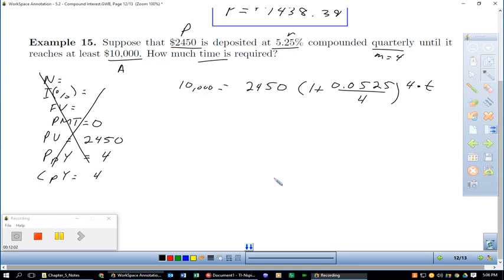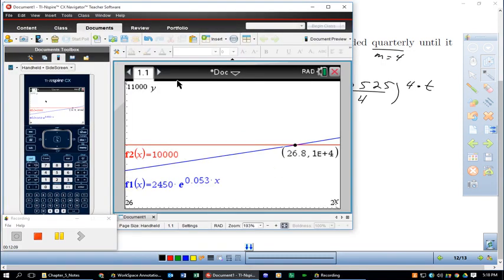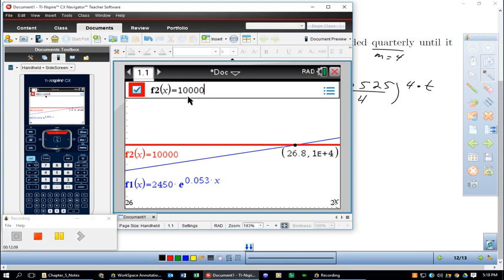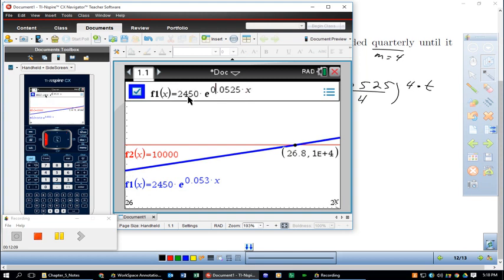So we're actually going to have to do another graph. Okay, so I'm going to go back to my Inspire. Alright, so here we are. 2 equations. Let's see, tab. I'm going to change that first equation to, it was actually really close. It had the same interest rate and everything.